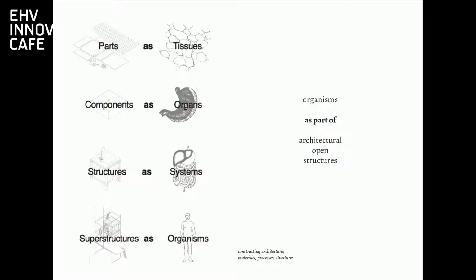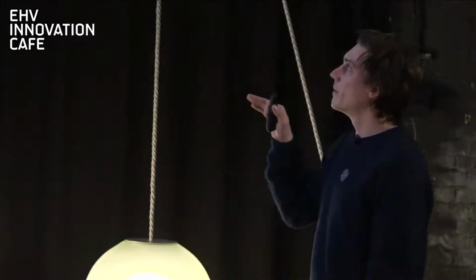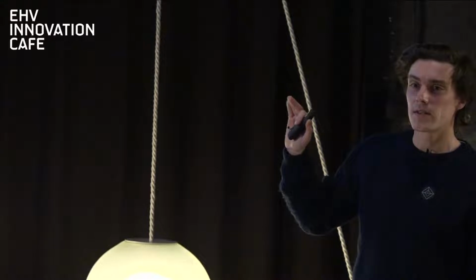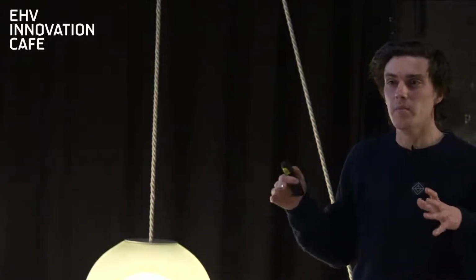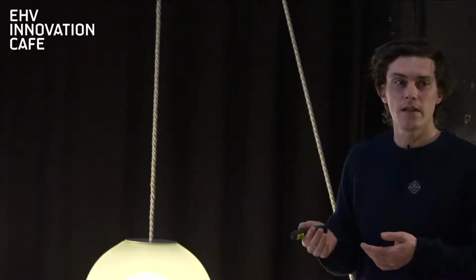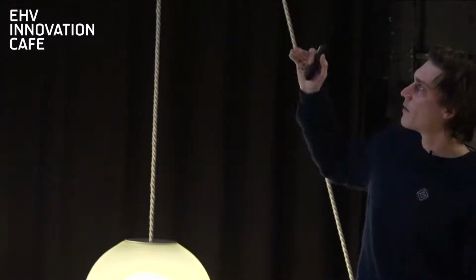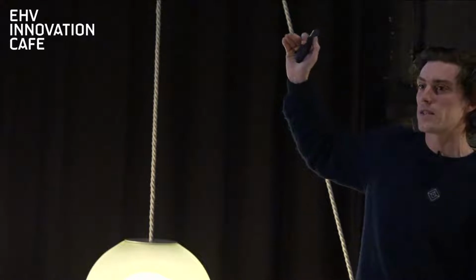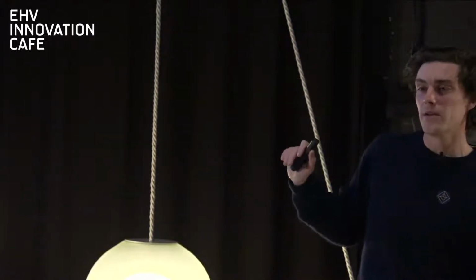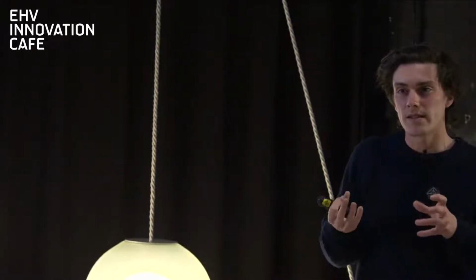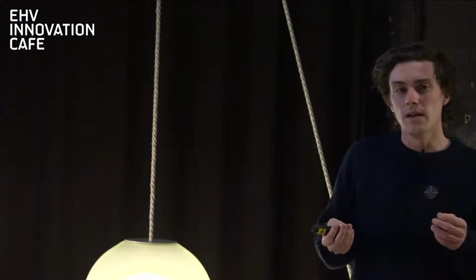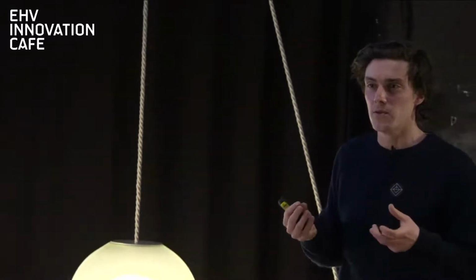And what I found interesting is that the parts or the components, in a building or in a construction, they become structures and superstructures, but they can always go up and down the ladder and keep their own properties as those elements.